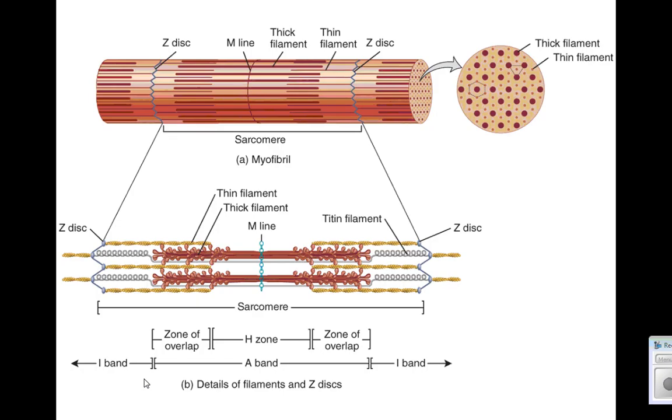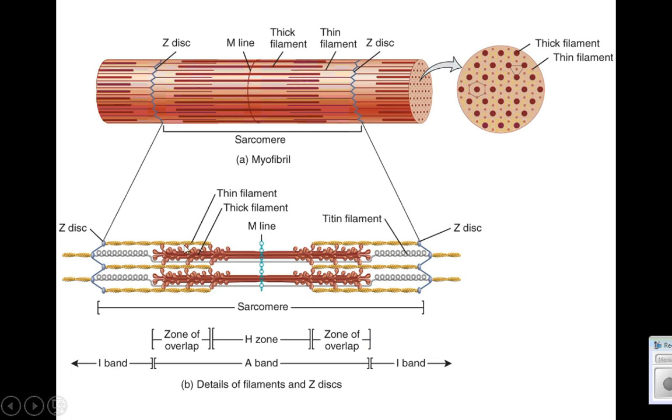Here's what sarcomeres look like. This is a figure very similar to the one I showed in anatomy. It's a little bit different. But we've got the borders of a sarcomere labeled, which are the Z discs, which, as it states on the previous page, are made up of dense proteins that support the thin filaments, which in the top image here are the very thin lines.